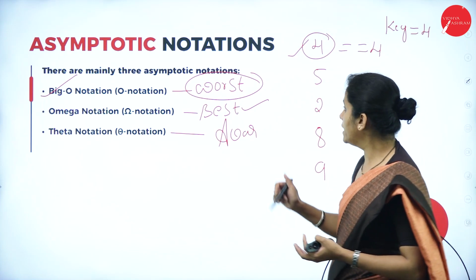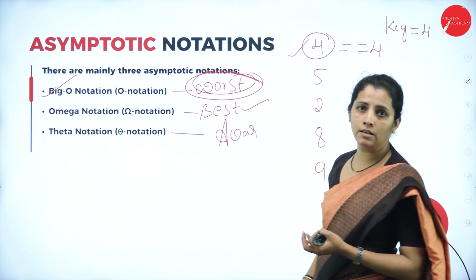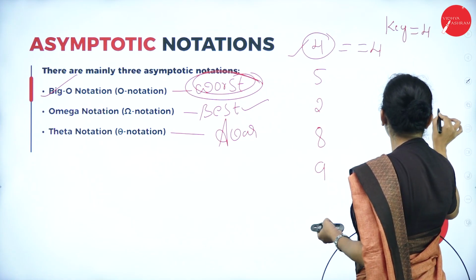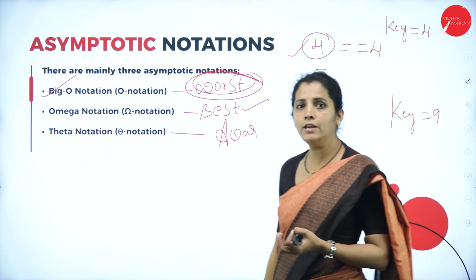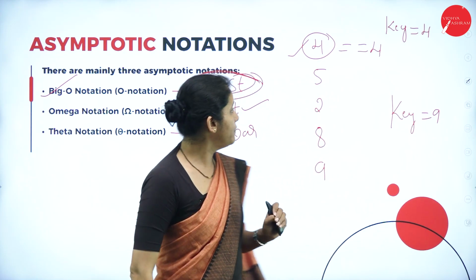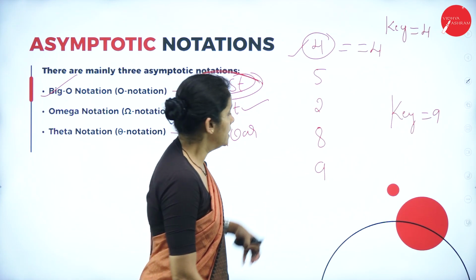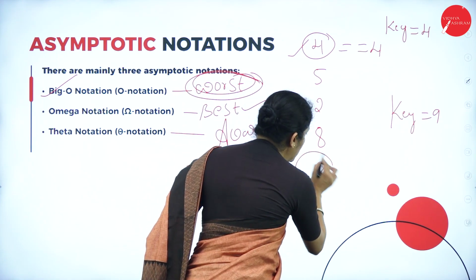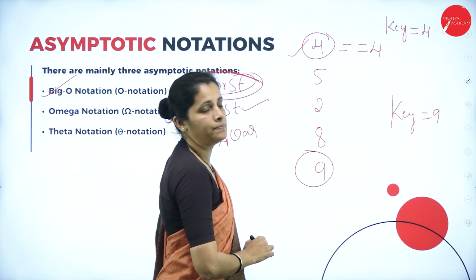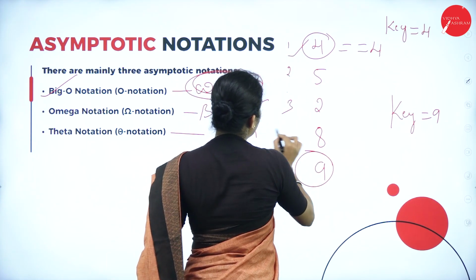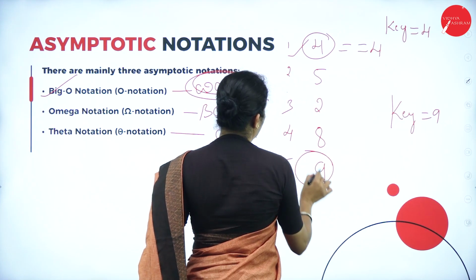Now let me consider the worst case here. Key equal to 9. What's my key value? It is 9. If I look at the array, 9 is present at the nth position: first, second, third, fourth, and fifth element.